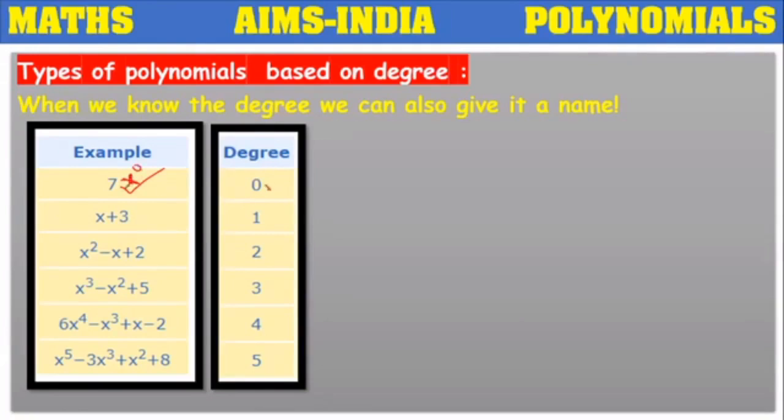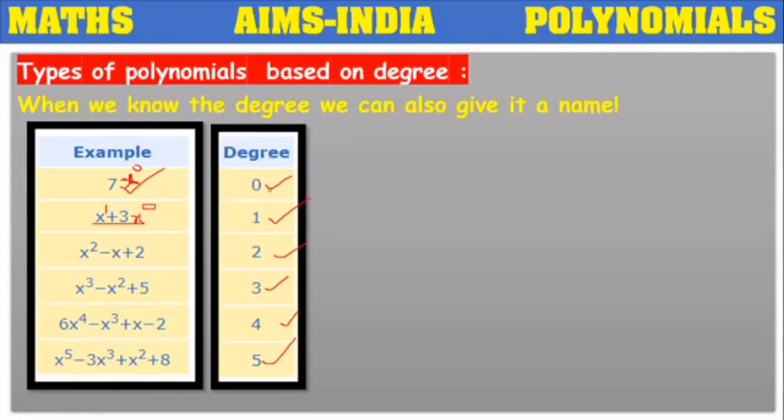What is the degree here? 0. Next, x plus 3. Here the variable exponent is not mentioned, so you can take it as 1. Here no variable, you can take x to the power 0. Out of 1 and 0, what is the highest? 1. So the degree of this polynomial will be 1. Like this, for this polynomial it is 2, for this it is 3, for this it is 4, and for this it is 5.